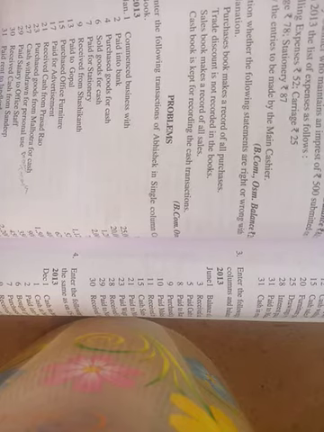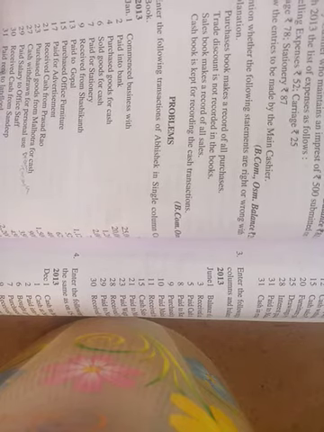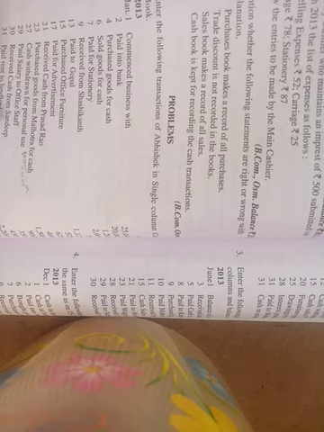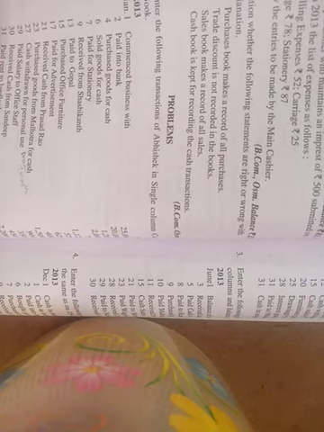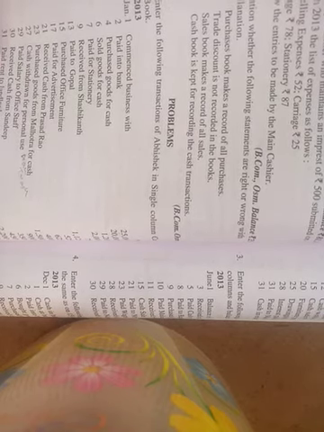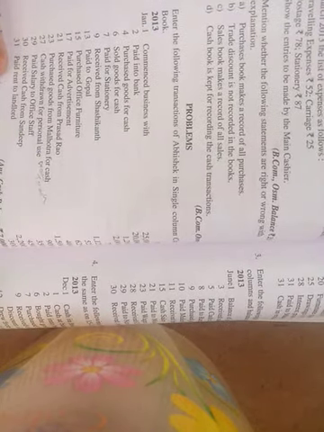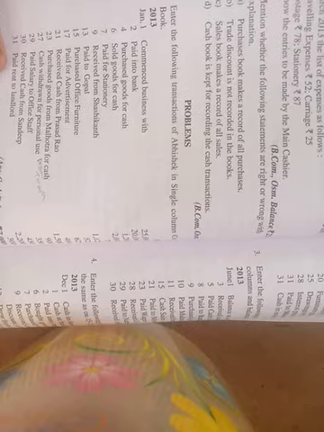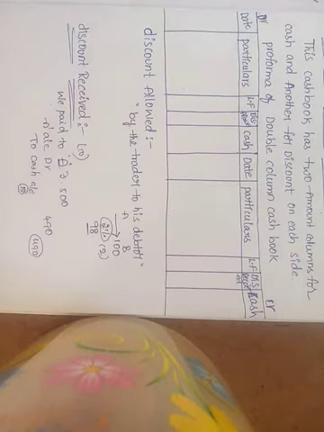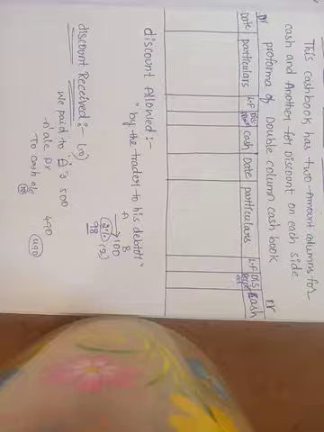Next, paid salary to office staff. Next, received cash from Sandeep. Paid rent to landlord. So this is the problem. Now we'll see the solution.